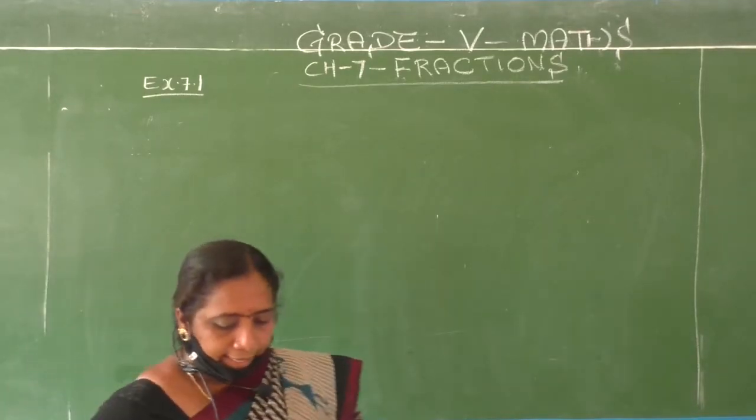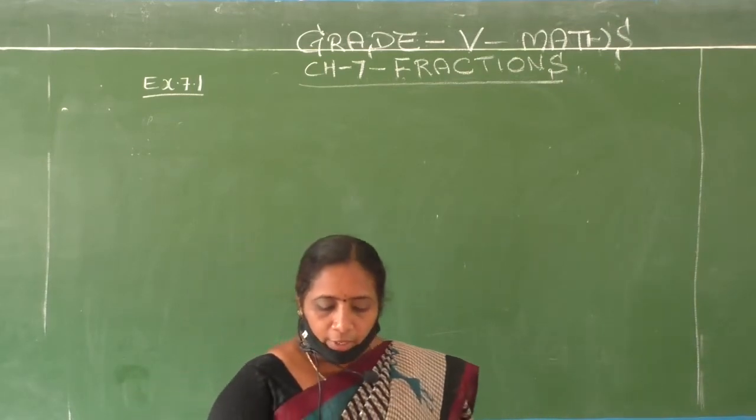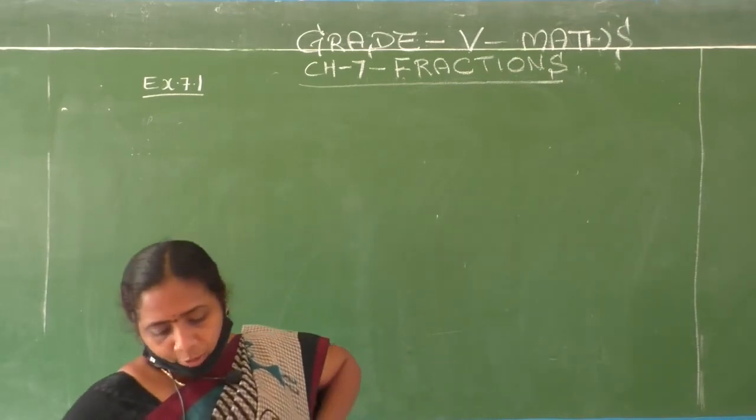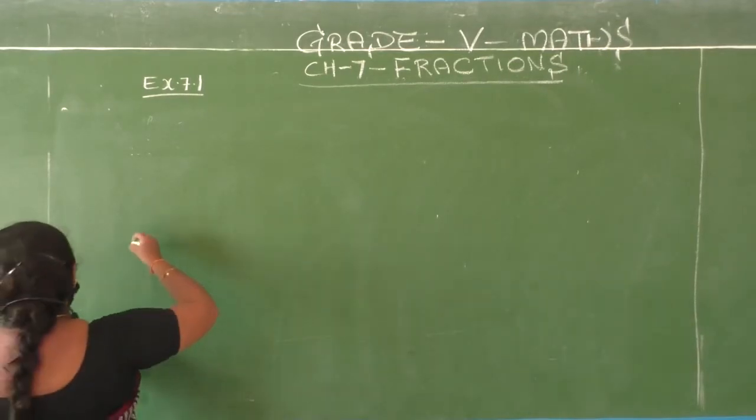Okay, in Exercise 7.1, the first Roman numeral: use multiplication to write two equivalent fractions.